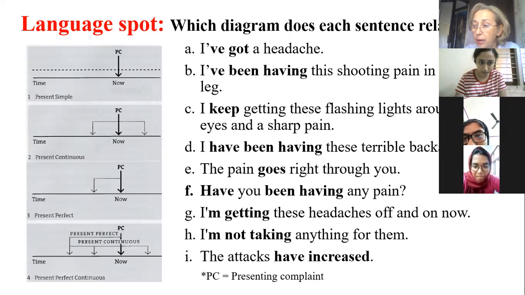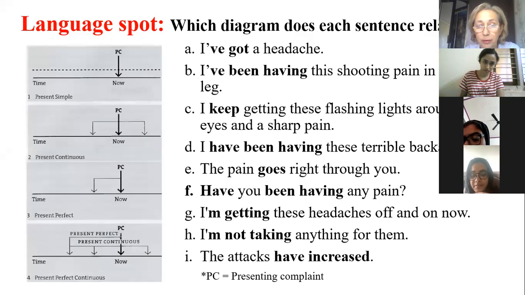Yes, ma'am. So the next is for Halamalik. Read it, please. I keep getting these flashing lights around my eyes and a sharp pain. So, which diagram matches with this sentence? Present perfect continuous, ma'am.